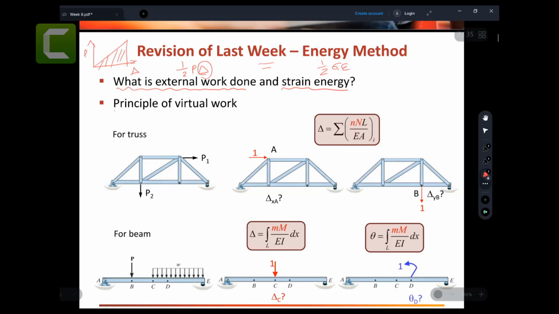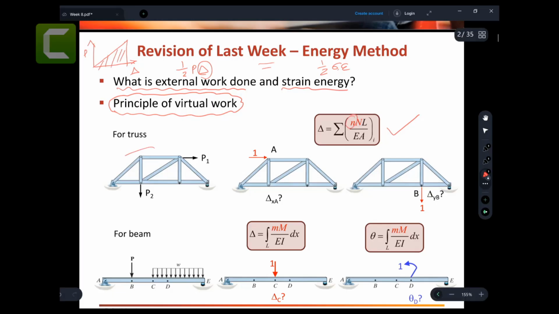On the other hand, the principle of virtual work is a very powerful method. It can be used for finding the deflection in trusses, beams, and frames, and the equations are very simple. As you know, we apply the virtual load where we want to find the displacement and find all the internal forces.